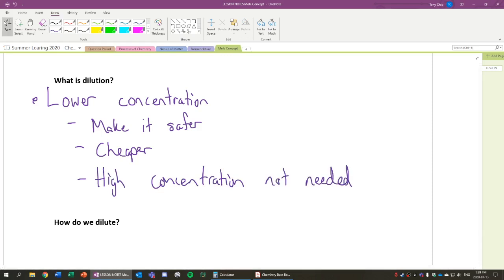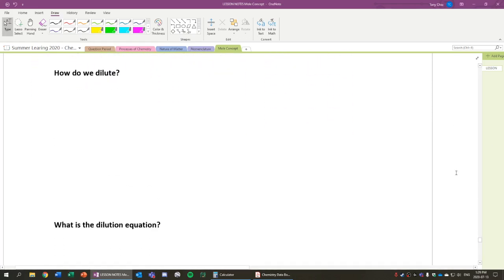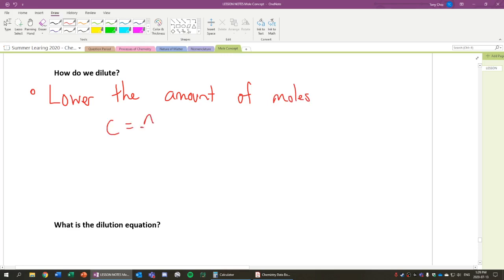So how do we dilute? Well, whenever we want to dilute something, we could do two things. The first thing is we can lower the amount of moles, right? Because if we look at our equation, C is equal to N over V, we want to lower our concentration.